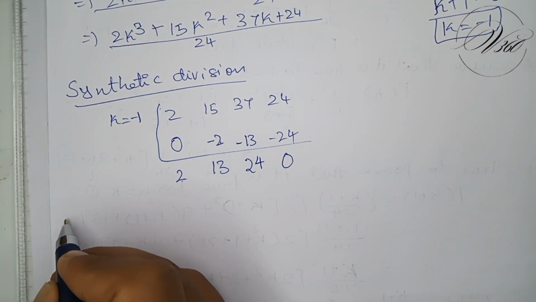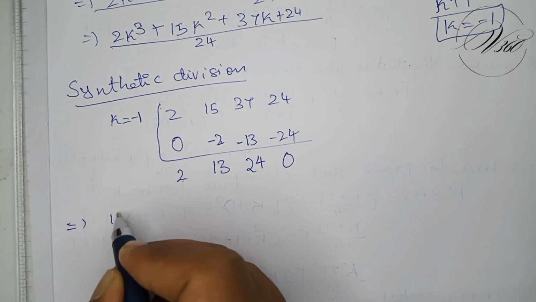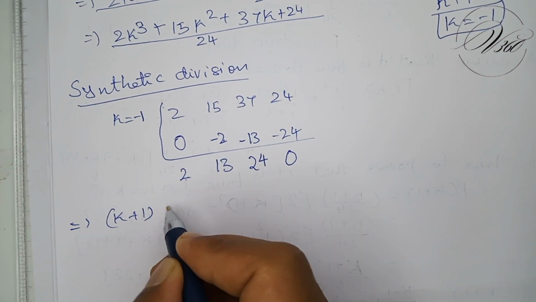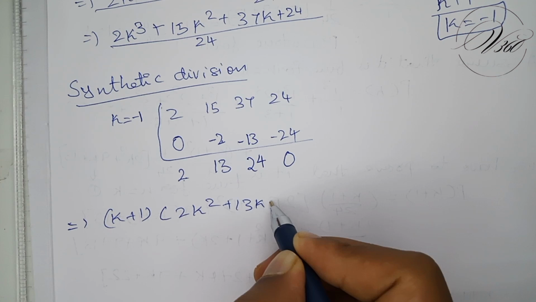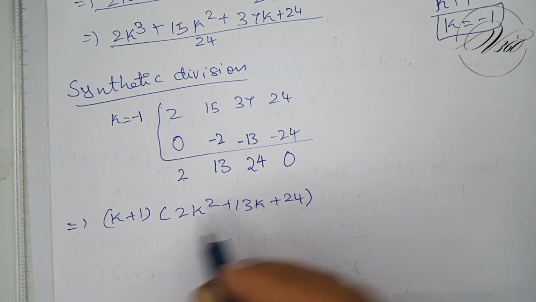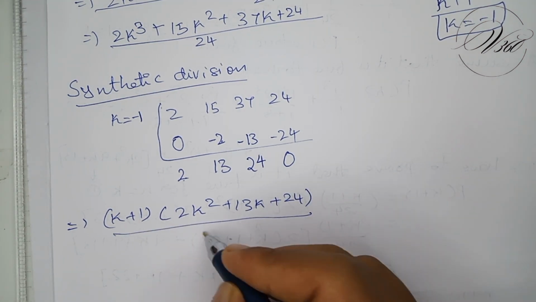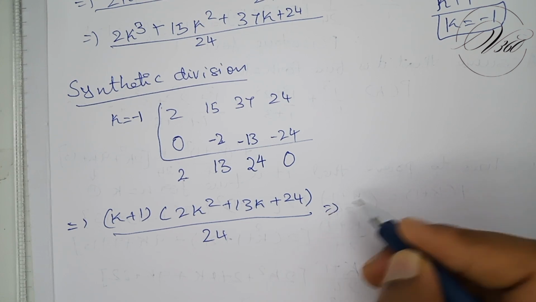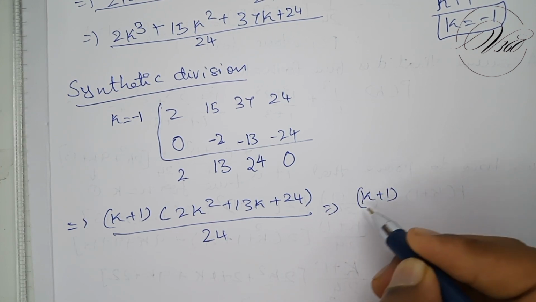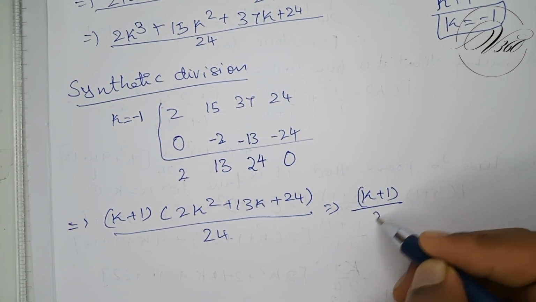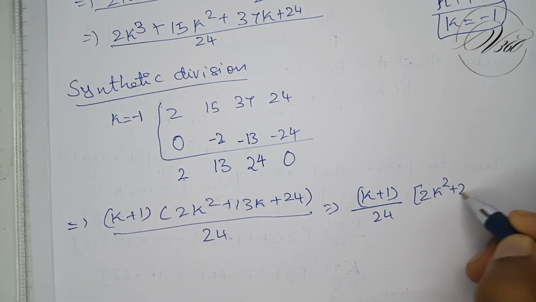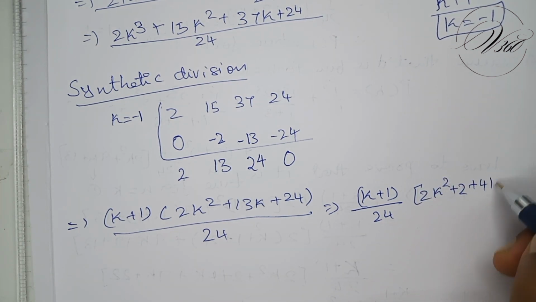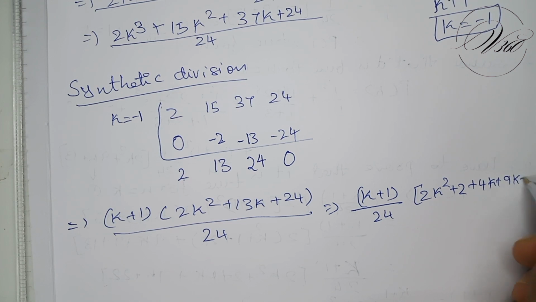Now we can write this as k plus 1 of 2k square plus 13k plus 24 by 24, which is equal to k plus 1 by 24 of 2k square plus 2 plus 4k plus 9k plus 22.